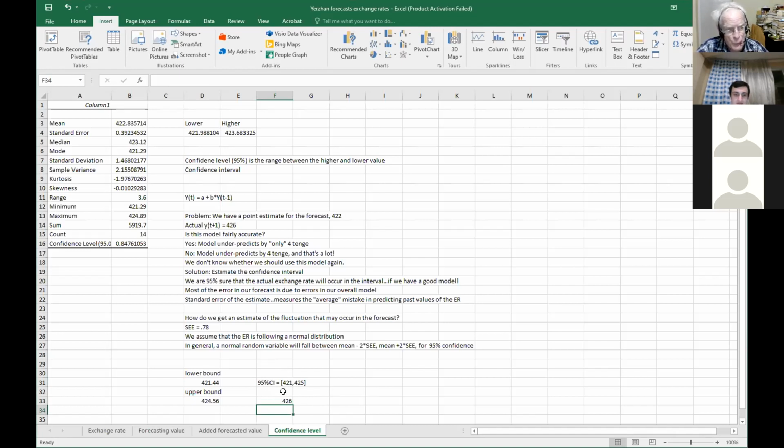So this model that I gave to you, an autoregressive model that is based only on the past value of the exchange rate, can be improved. That's the idea. Maybe by adding the rate of inflation as an independent variable.